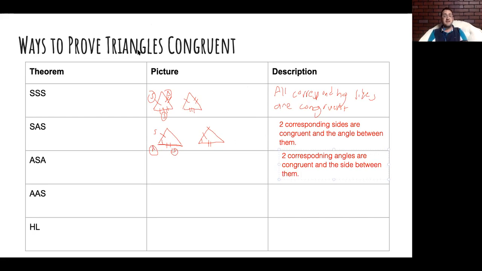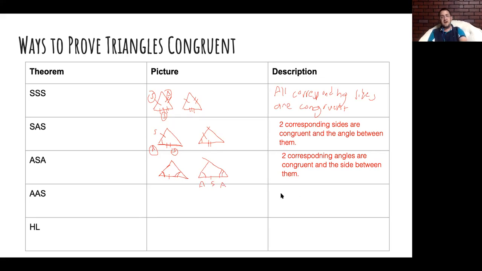So what that means is maybe I have an angle that's congruent and another angle that's congruent to the corresponding ones in the triangle. And the side that is between the two angles is congruent. So that spells A, S, A, and that stands for ASA.